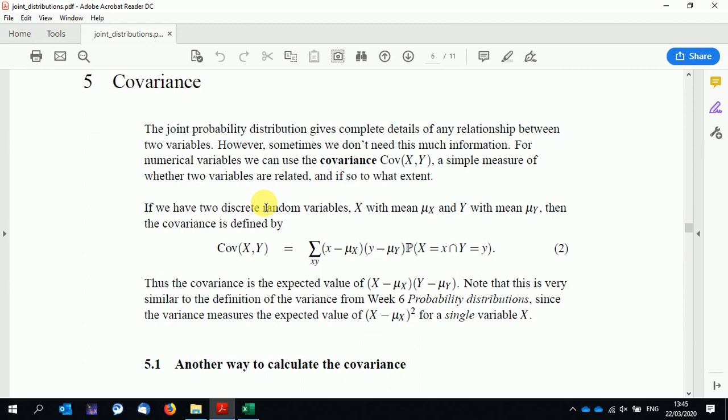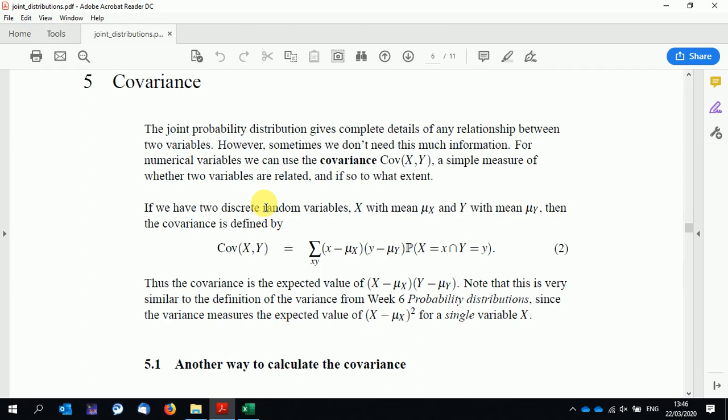But another measure of relationship between variables would be finding the covariance. I'm not saying they are the same. It's not the same as the coefficient of correlation, but they are connected, and we will see that later today. So please don't expect your value for covariance to be within the range of -1 and 1. It's not the same as the coefficient of correlation.